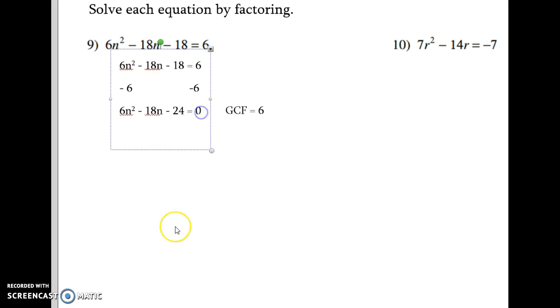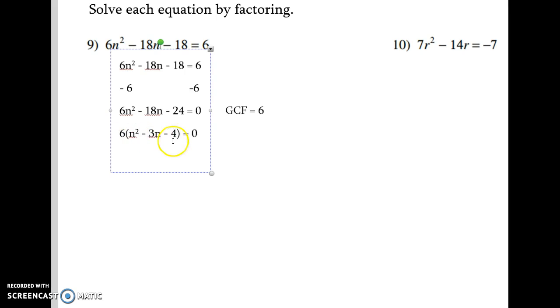So I'm going to rewrite this problem as a factored problem. The 6 is going to go on the outside of a set of parentheses, and the n squared is going to go inside. That's my leftover. I also know that 6 times -3n is going to give us -18n, and 6 times -4 is going to give us -24.